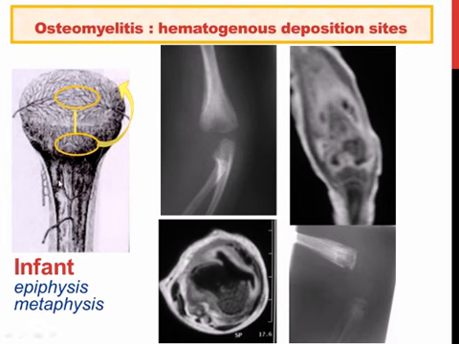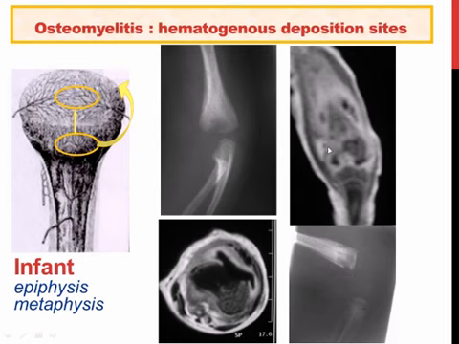If you have an infant, then your hematogenous osteomyelitis might lodge against a growth plate at the metaphysis or through the transphyseal vessels into the epiphysis. And you might have epiphyseal osteomyelitis, you may have metaphyseal osteomyelitis as lucency, or with a disruption of the cortex with periosteal reaction.